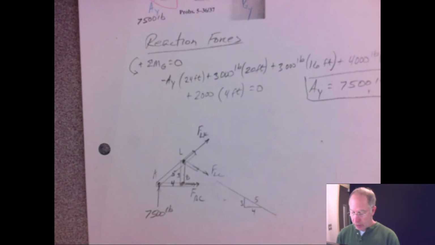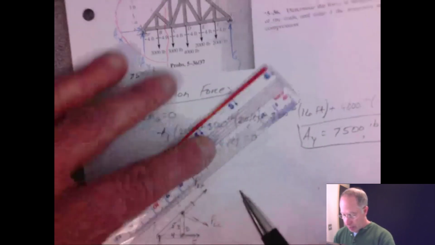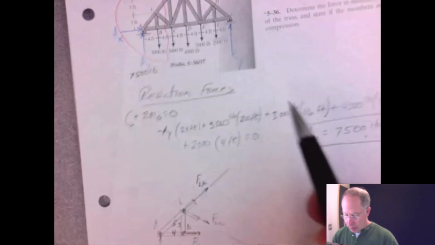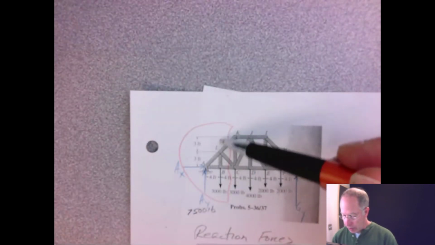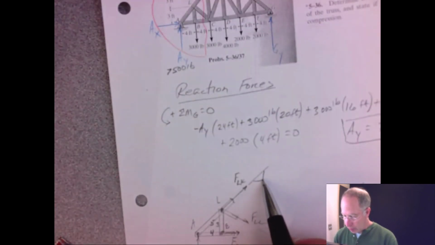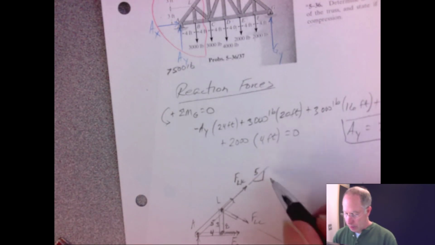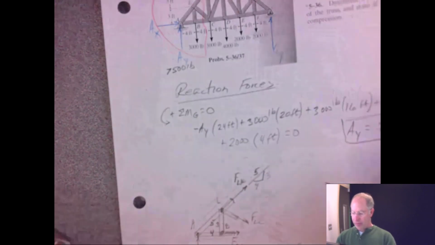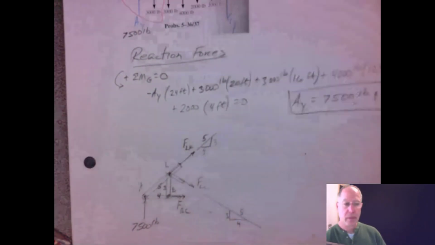Can we do the same thing up here as well? Sure. This one has a slope of 5, and the vertical distance from L to K is 3, so that also makes this a 3, 4, 5 triangle. This is 5, vertical distance is 3, and the horizontal distance is 4. So that makes analysis easy. All right, so take a break right here.